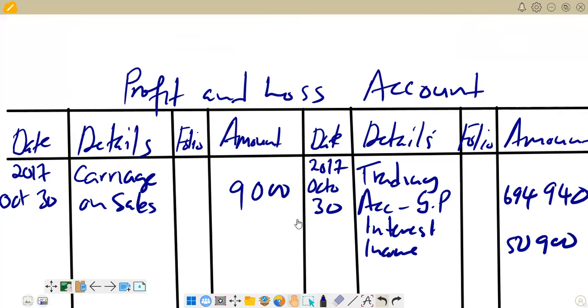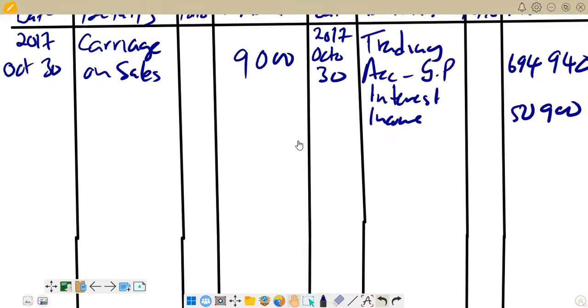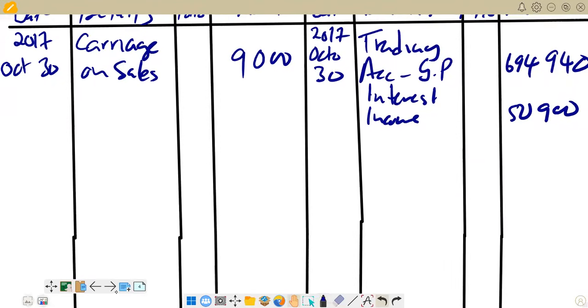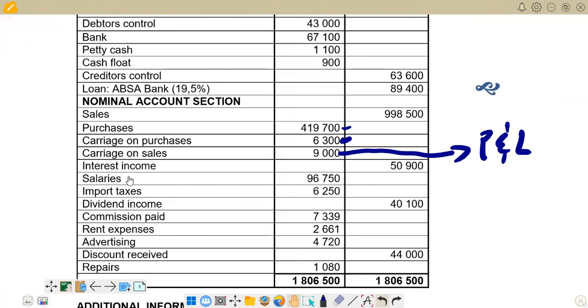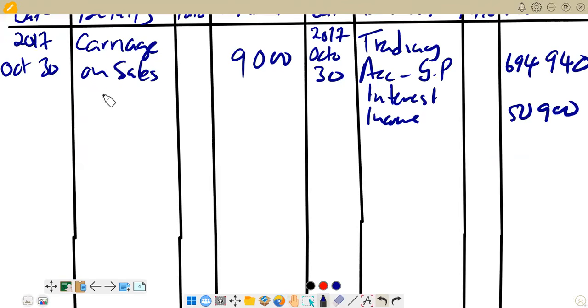So this is what we have, and then we go and check again what we have next. From interest income, we've got salaries. Salaries is an expense. It comes on the debit side of the profit and loss. So we go to the debit side and put our salaries, 96,750.